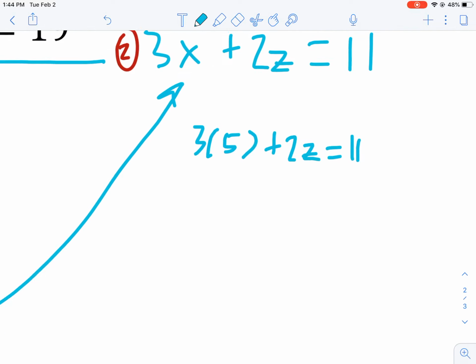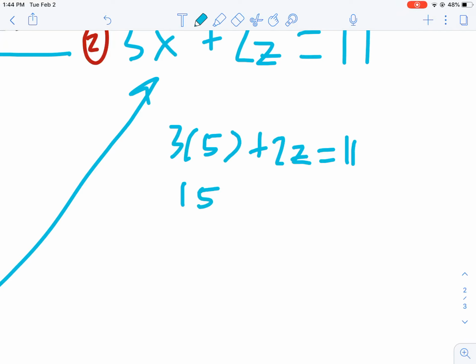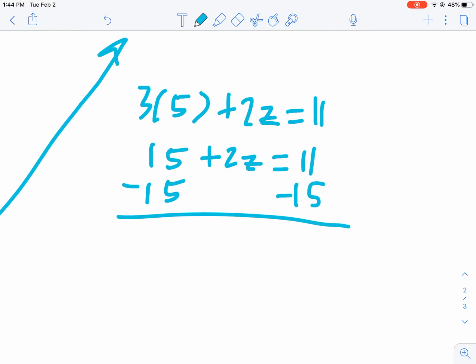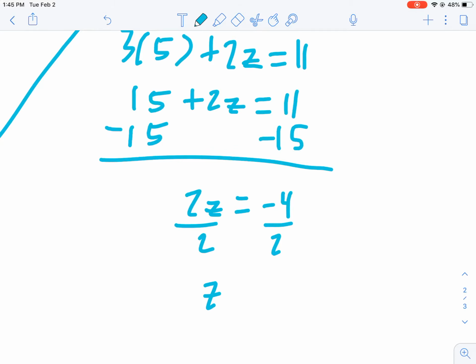So now we can solve for z, so that'll be 15 plus 2z equals 11, minus 15 from both sides. We get 2z equals -4, divided by 2, and we get z equals -2.